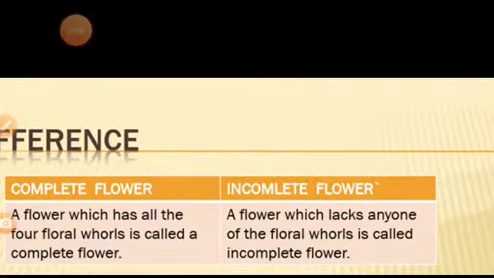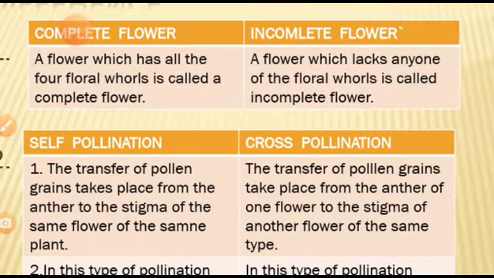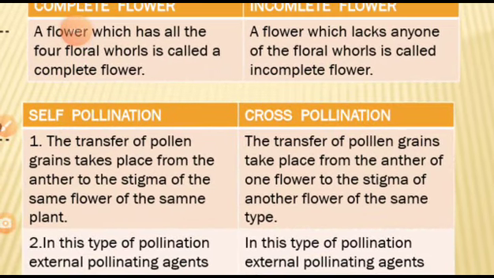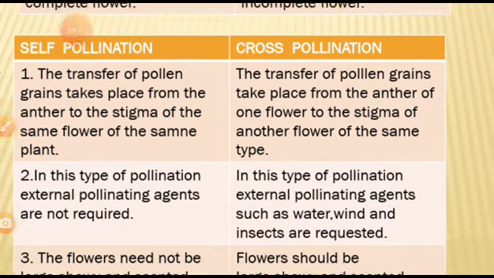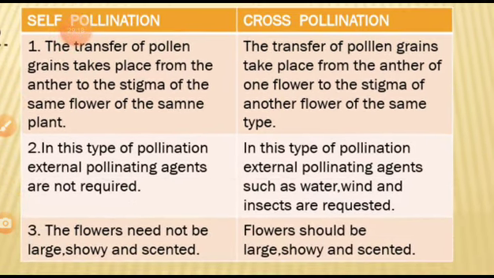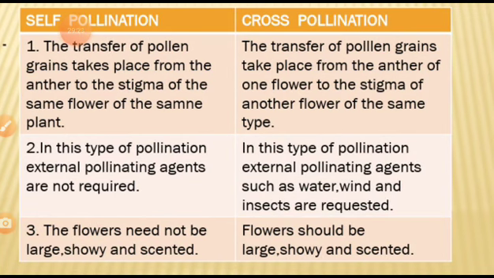Then self-pollination and cross-pollination. What is self-pollination? First, the transfer of pollen grains takes place from the anther to the stigma of the same flower or the same plant. Cross-pollination: the transfer of pollen grains takes place from the anther of one flower to the stigma of another flower of the same type. Second, in self-pollination, external pollinating agents are not required.